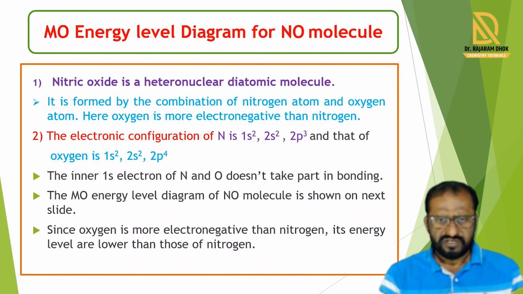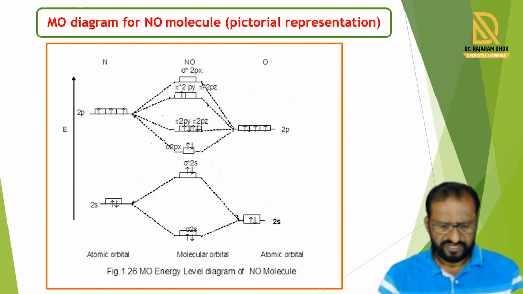Here in the NO molecule, oxygen is more electronegative than nitrogen, so its energy level is lower than nitrogen. So we see the pictorial presentation of the MO energy level diagram of the NO molecule. We draw the nitrogen atomic orbitals at the left side and the oxygen atomic orbitals at the right side.